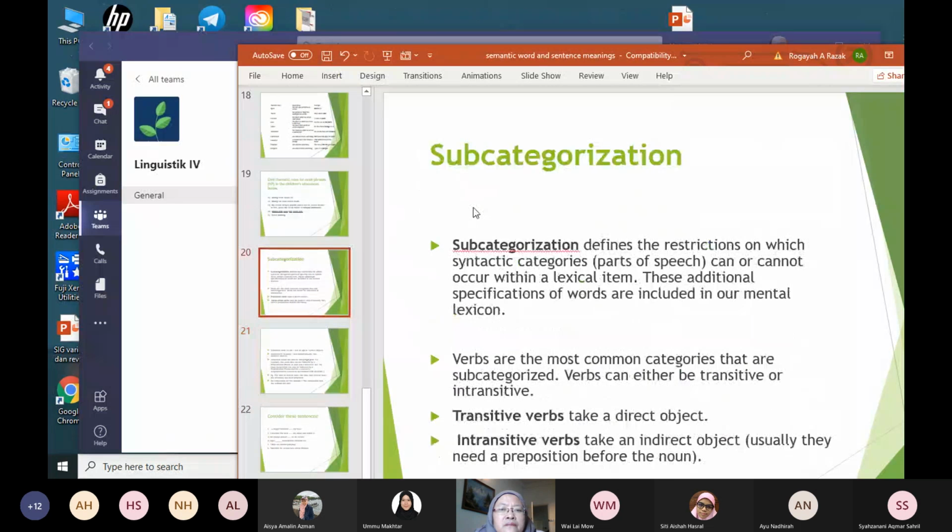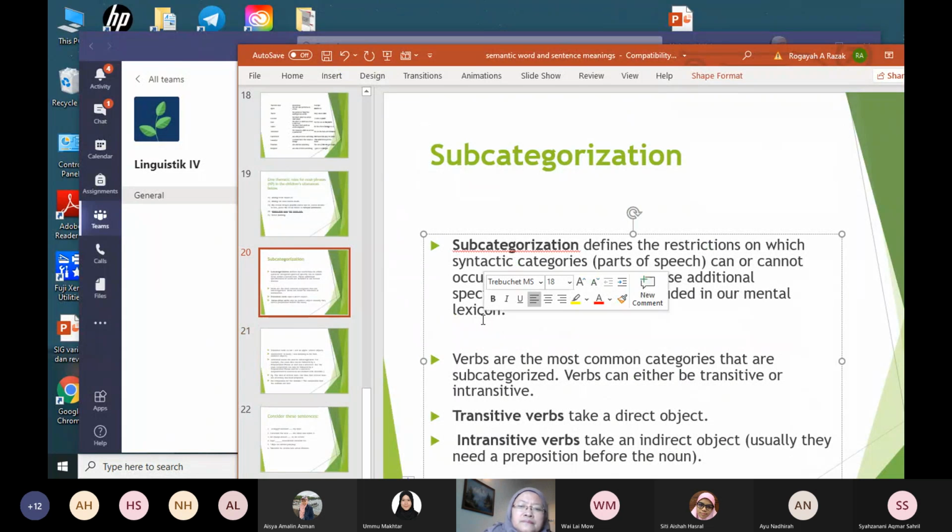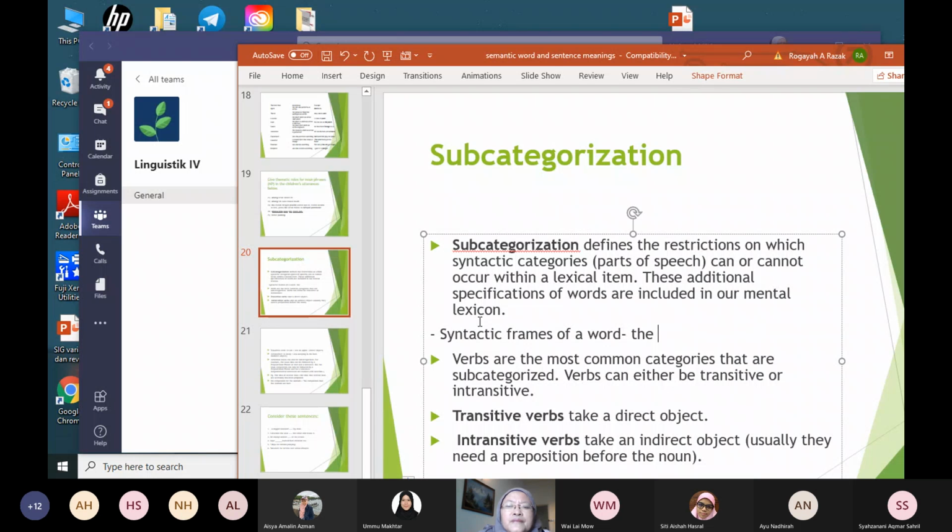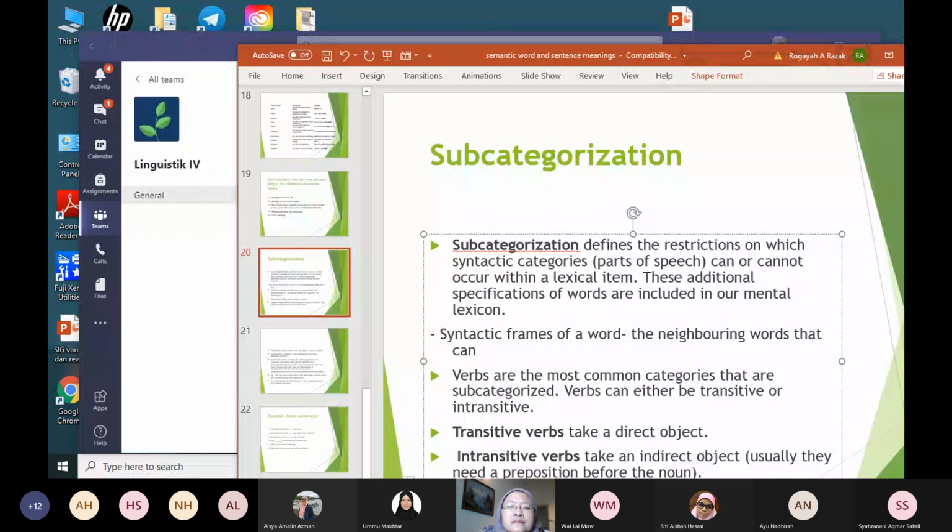So basically, it's the syntactic frame of a word: the neighboring words that can occur with a particular word.